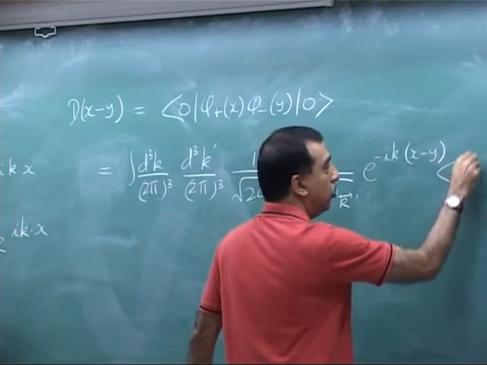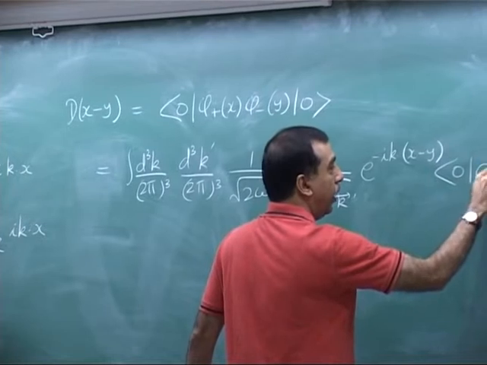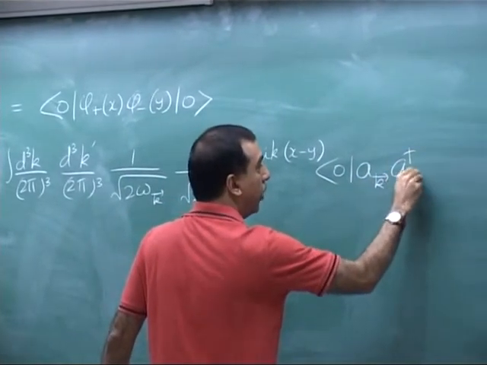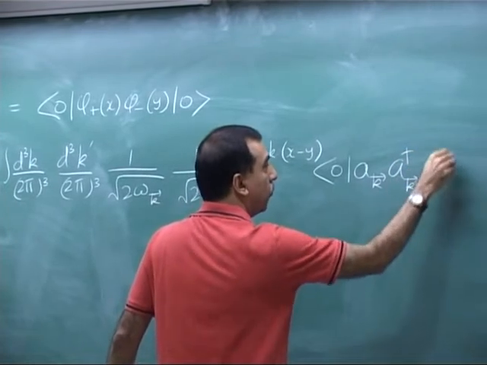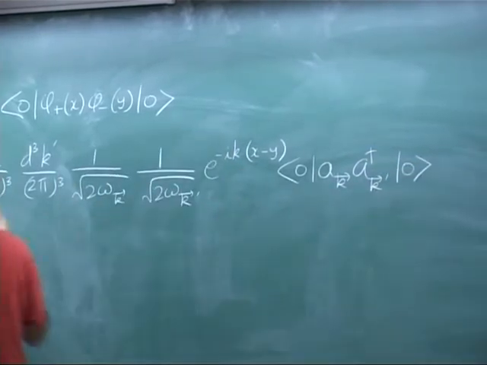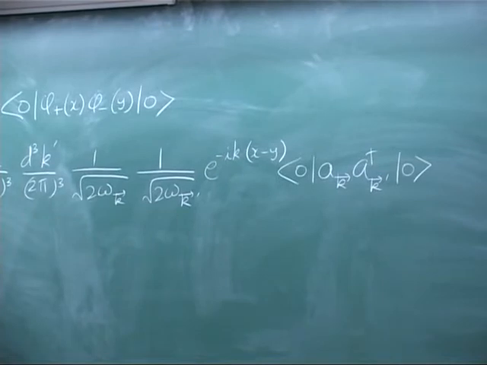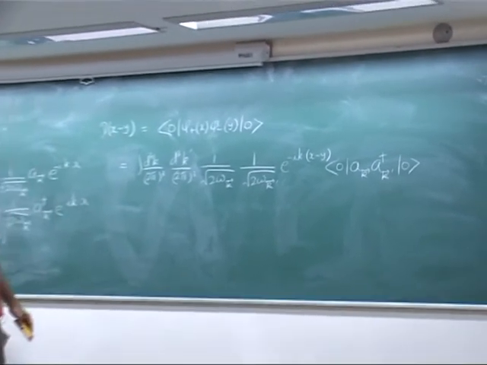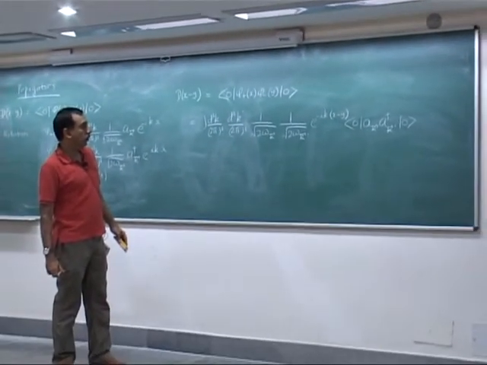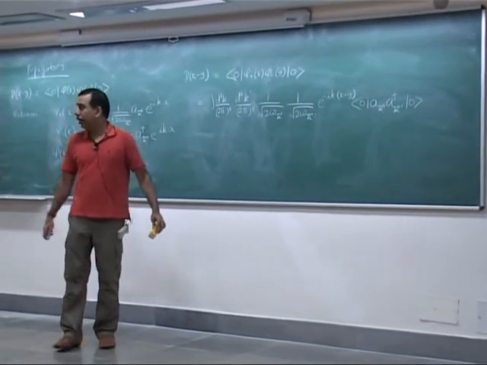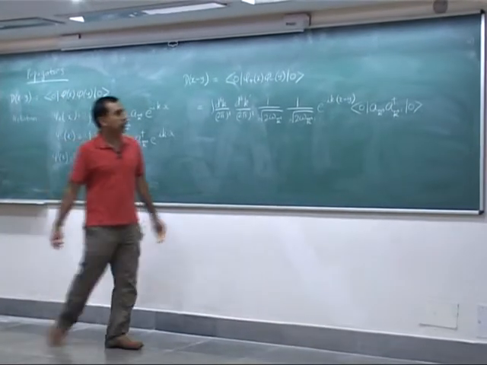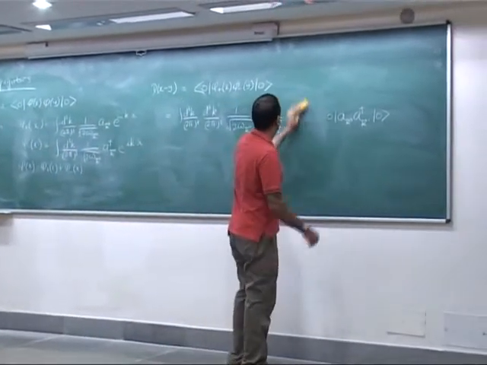And finally the vacuum, a of k, a dagger of k prime, vacuum.